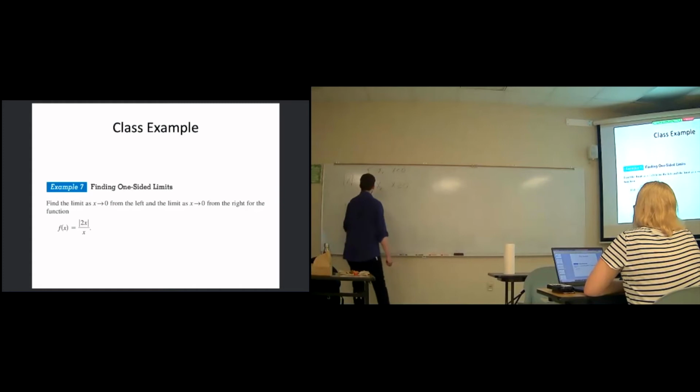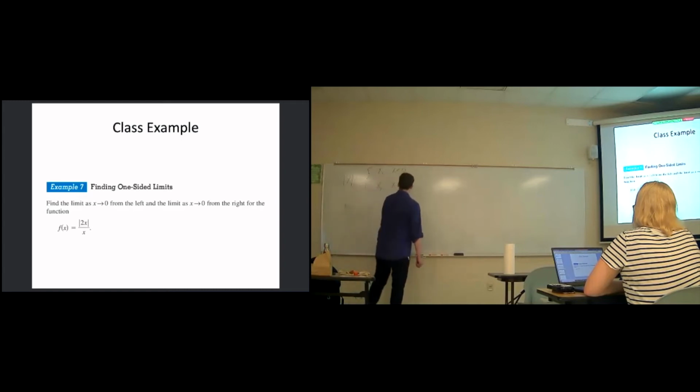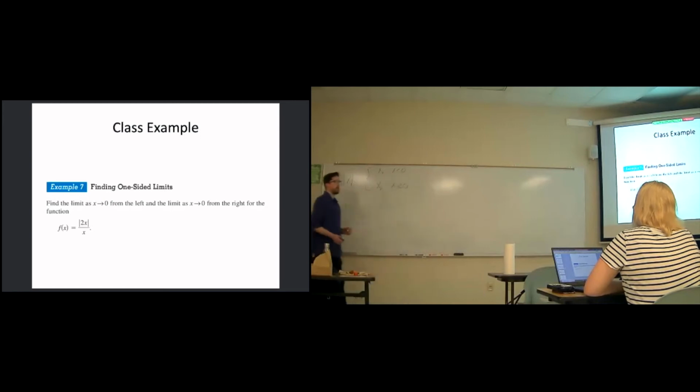So let's rewrite this as negative x divided by x whenever x is less than 0, and x divided by x whenever x is greater than or equal to 0. Negative x divided by x? That's -1, right? Yeah.